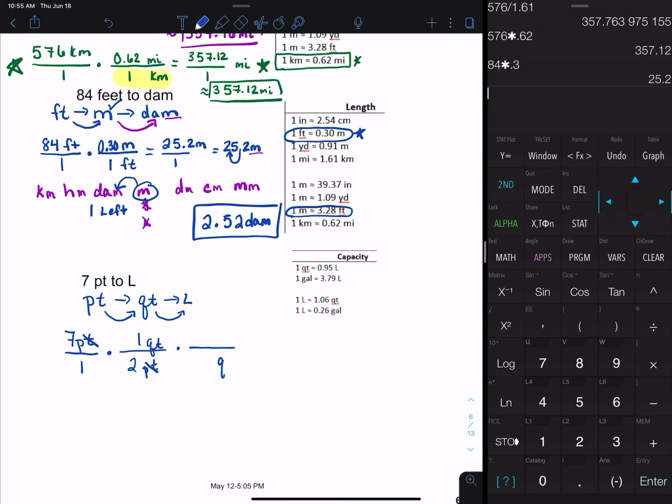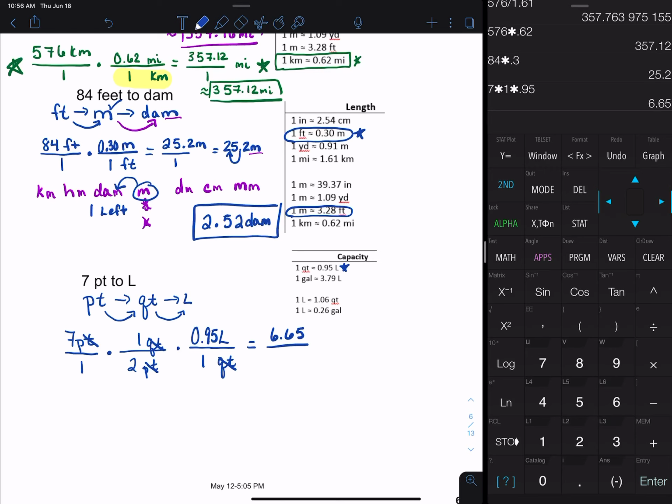I want the quarts to cancel out and get liters up top. So I'm going to look for the conversion that involves 1 quart. That's this top one. That 1 quart is 0.95 liters. So my quarts will cancel out. When I multiply straight across, I have 7 times 1 times 0.95 up in that numerator, which gives me 6.65.